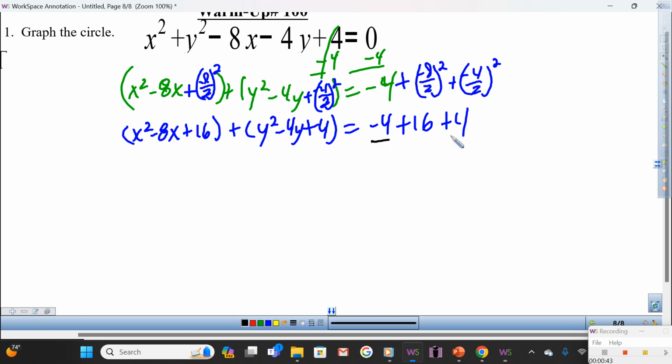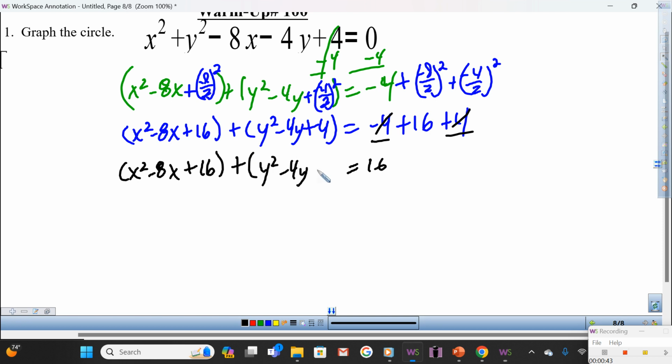What is negative 4 plus 4? 0. So that leaves us with 16 equals x squared minus 8x plus 16 plus y squared minus 4y plus 4. So far, so good. What do I do next?